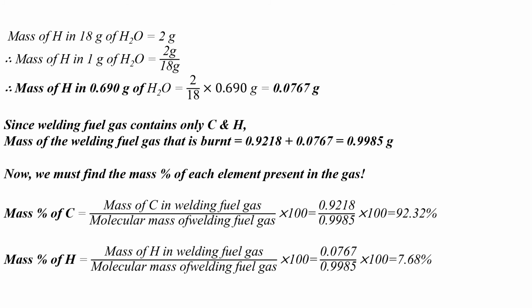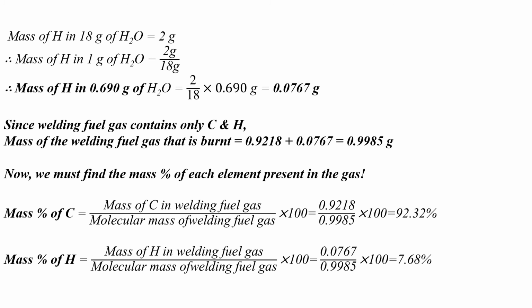We must calculate the percentage of carbon and percentage of hydrogen present in the welding fuel gas. So how would you do that? Mass percentage of carbon is equal to mass of carbon divided by mass of welding fuel gas into 100. That gives you 0.9218 divided by 0.9985 into 100, which is equal to 92.32%.